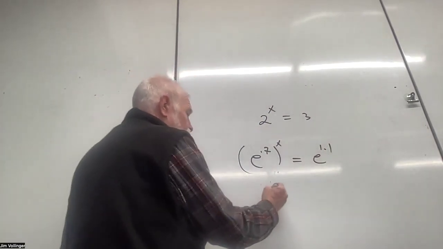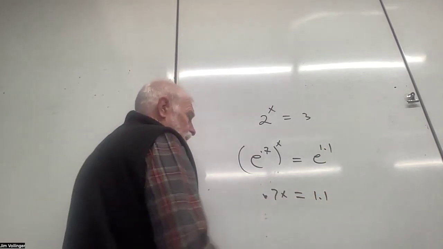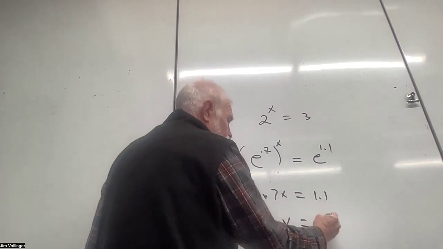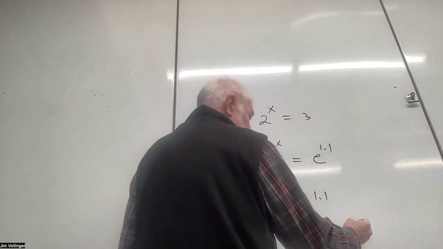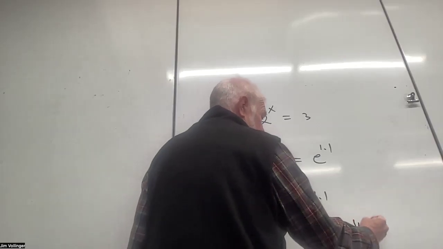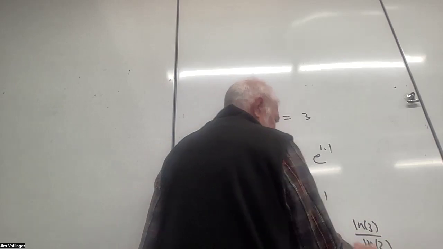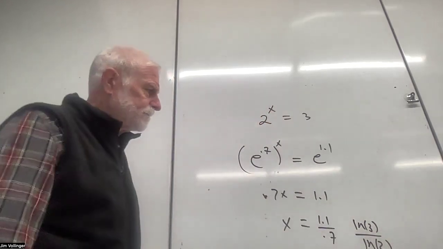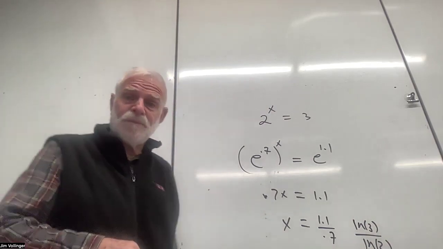Well, it sure seems like 0.7x equals 1.1, and x is equal to 1.1 over 0.7, which I believe is the ln of 3 divided by the ln of 2, approximately, right? These are approximations.